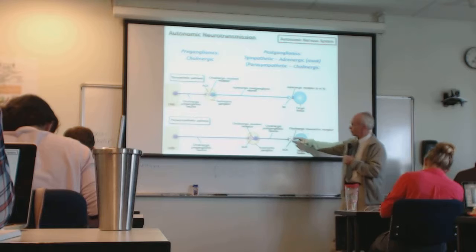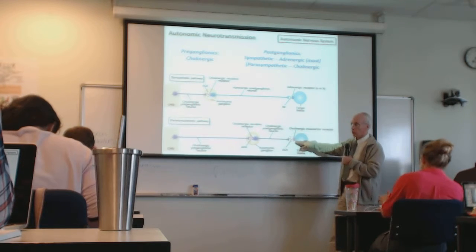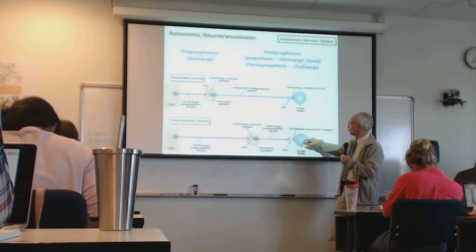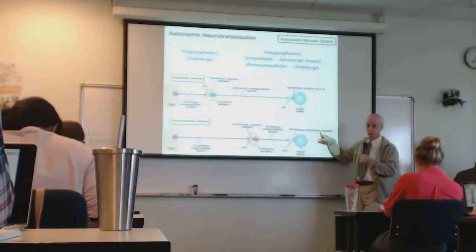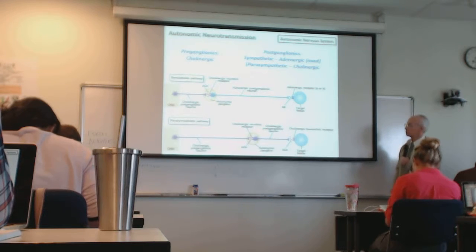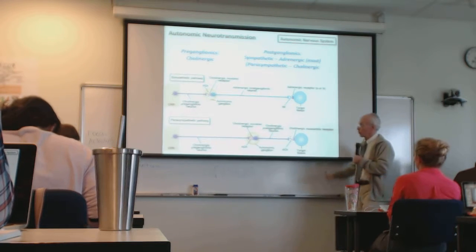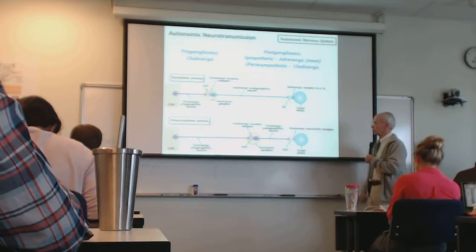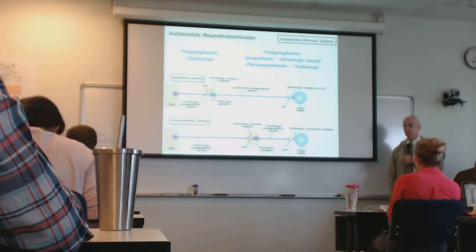The only difference between the two is that the target cell receptor in the parasympathetic pathway utilizes muscarinic receptors as opposed to nicotinic. And we saw that in the previous illustration. So it's cholinergic all the way through in the parasympathetic. We have nicotinic receptors in the ganglia, muscarinic receptors in the target tissue.